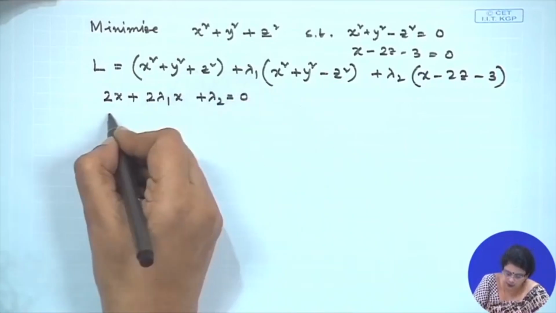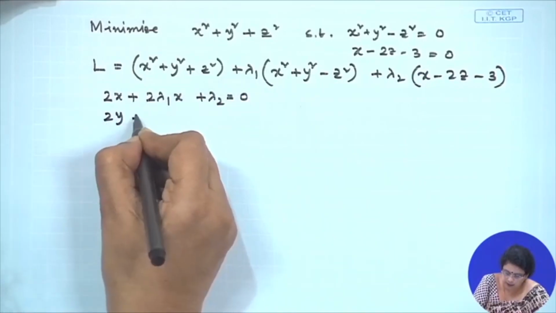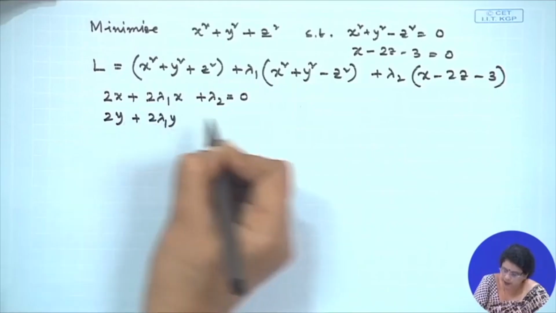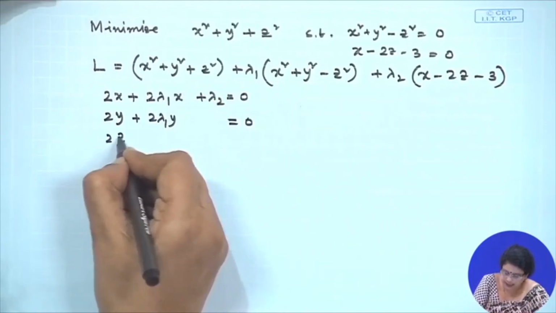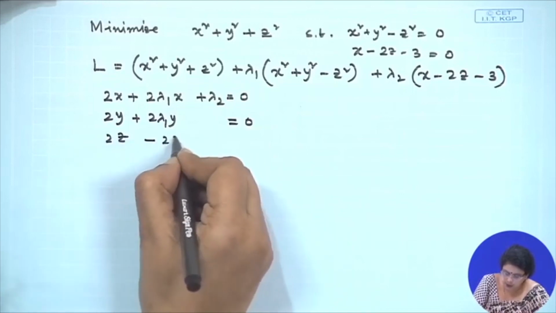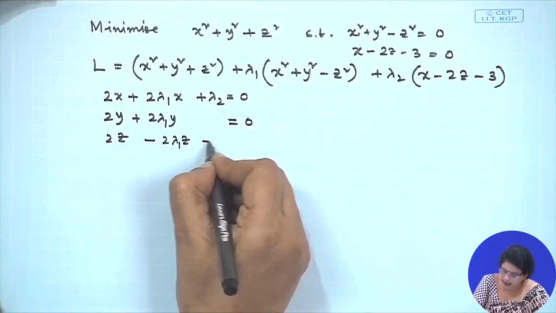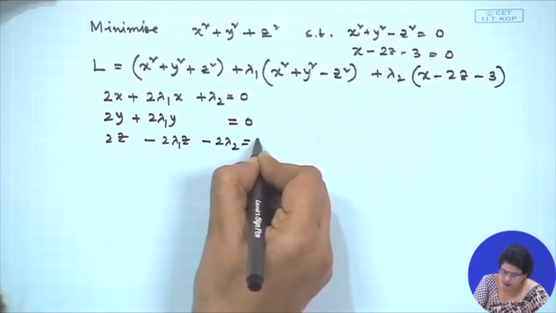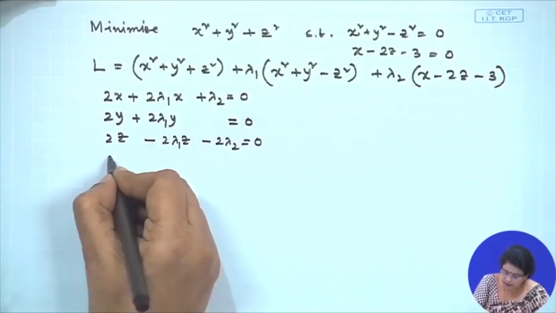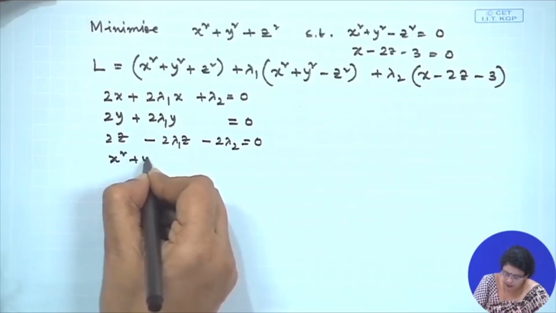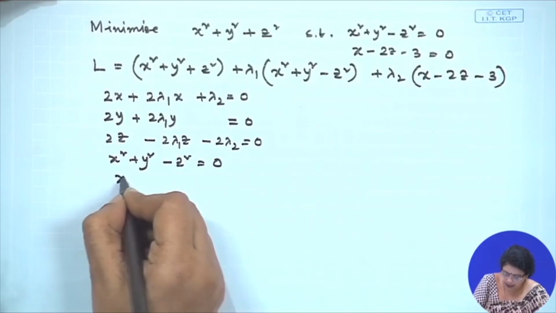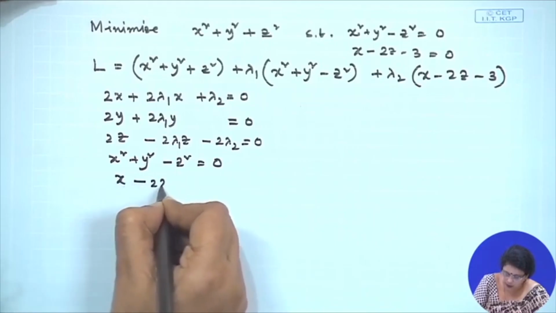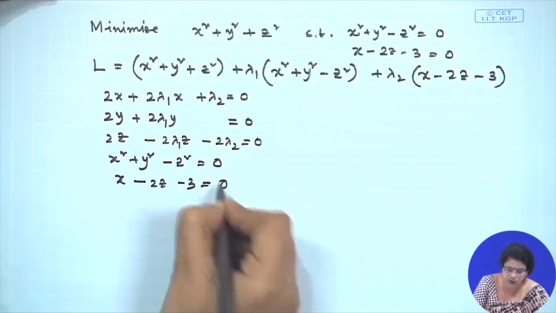The second one would be 2y plus 2 lambda 1 y equal to 0. Third would be 2z minus 2 lambda 1 z minus 2 lambda 2 equal to 0. Fourth will be x square plus y square minus z square equal to 0, and the fifth would be x minus 2z minus 3 is equal to 0.